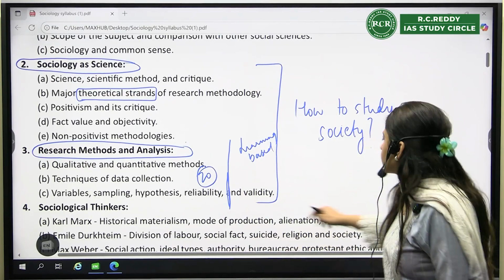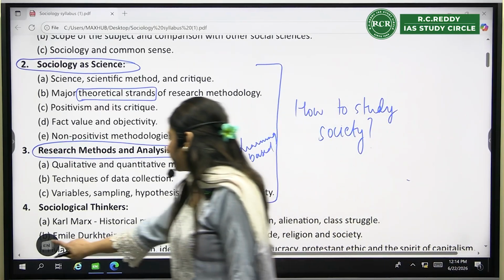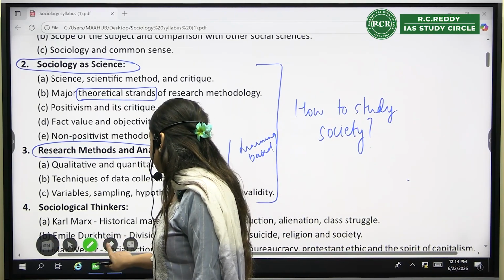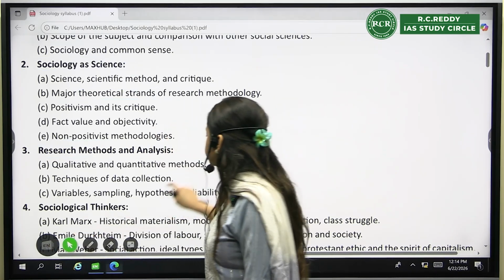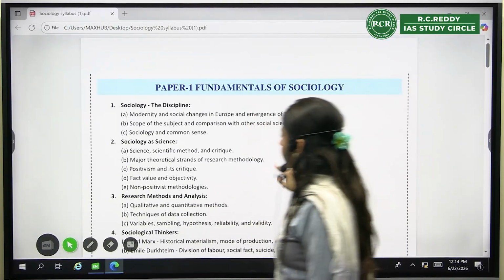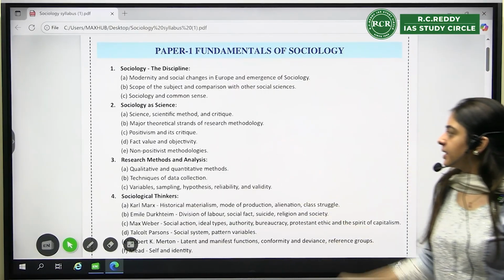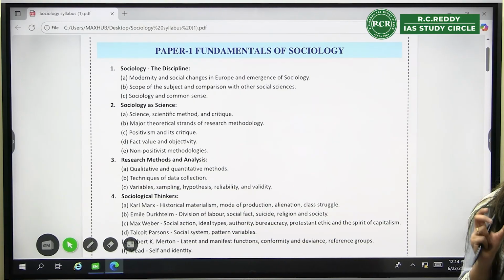So now these blocks, when we are talking: sociology the discipline, sociology as science, research methods and analysis. Major part of this we will be doing towards the end of paper one.